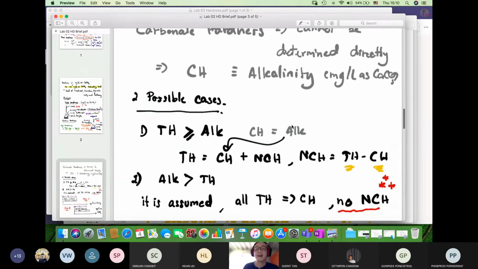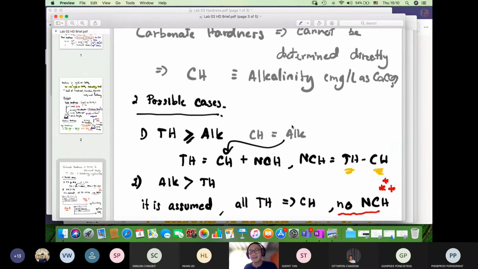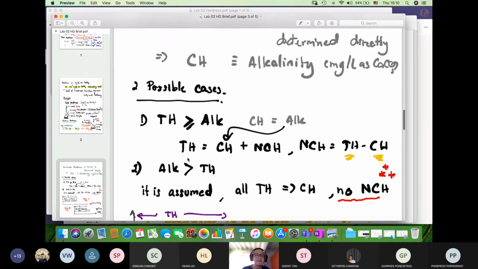And the major cause of the alkalinity is the carbonate species, bicarbonates and carbonates. So if you measure the alkalinity, there are two possible cases if you compare with the total hardness. The first case, if the alkalinity is greater than the total hardness, okay?